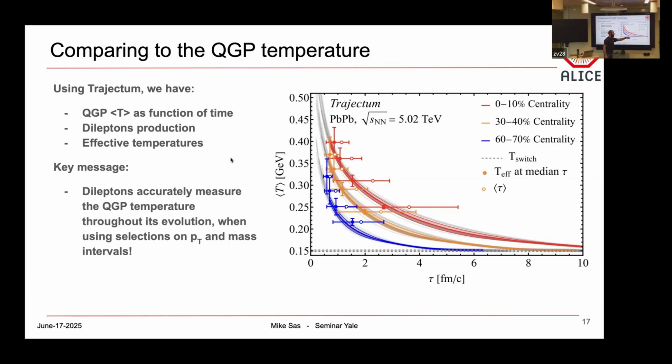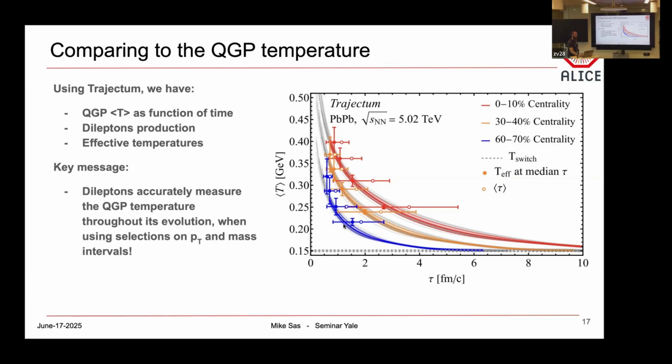And we also have the information of the plasma as a function of time. Why I'm so happy about this plot, and it's a bit of a confusing plot, is that the filled points, the red points are the dilepton analysis in central, the orange are in 30 to 40%, and the blue are in peripheral.